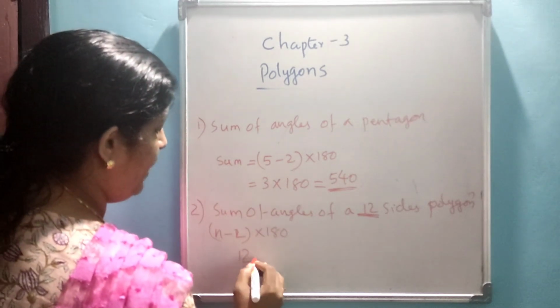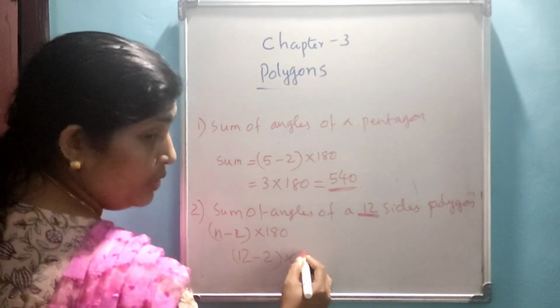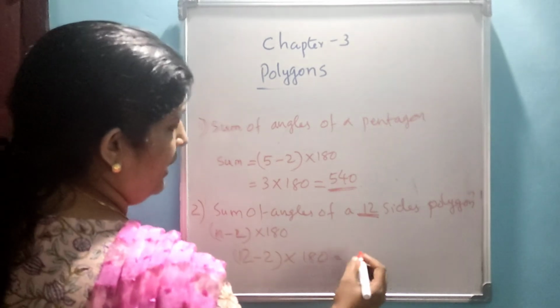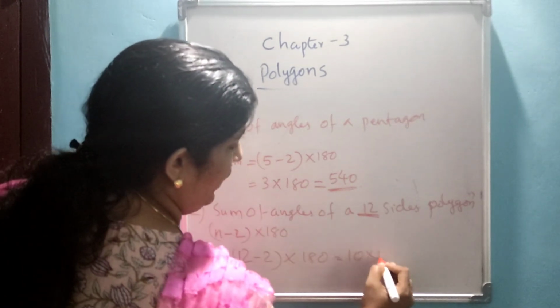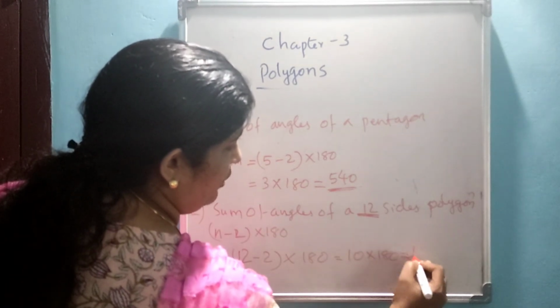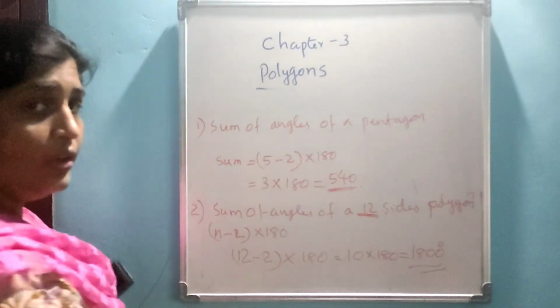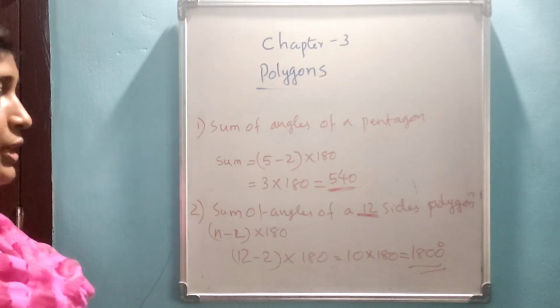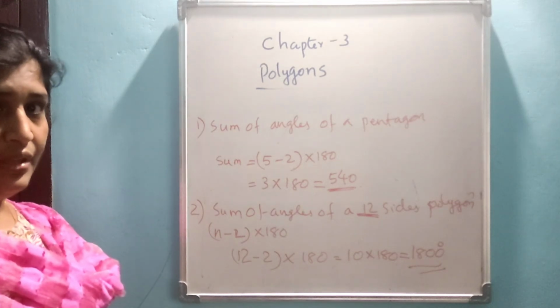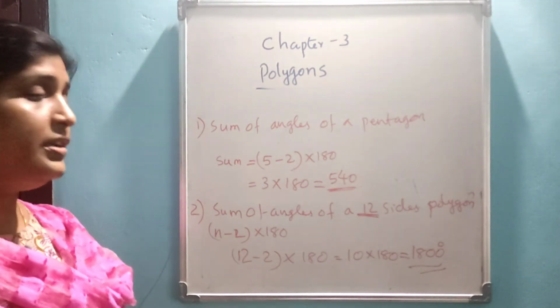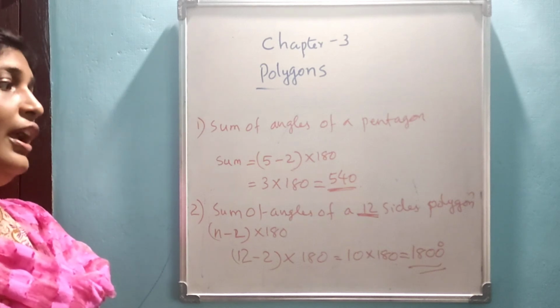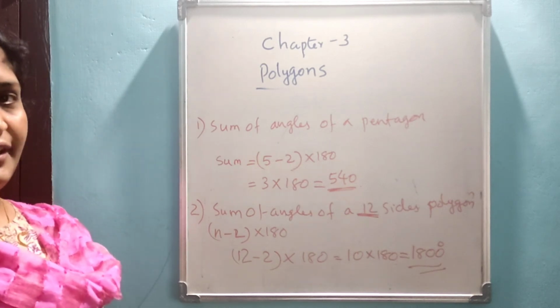So 12 minus 2 into 180, that is equal to 10 into 180. 10 into 180 is equal to 1800 degrees. This is how we find the sum of angles of any polygon.